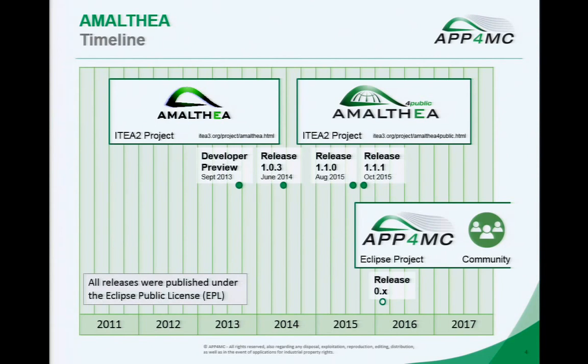As a number, we are now around 20 partners from 4 countries in this AMALTHEA4public project, from Sweden, Spain, Turkey, and Germany. So I will present mainly the data models that are related to the description of multicore systems. There are other activities from other partners that I will not concentrate on because they will not be part of the Eclipse project.